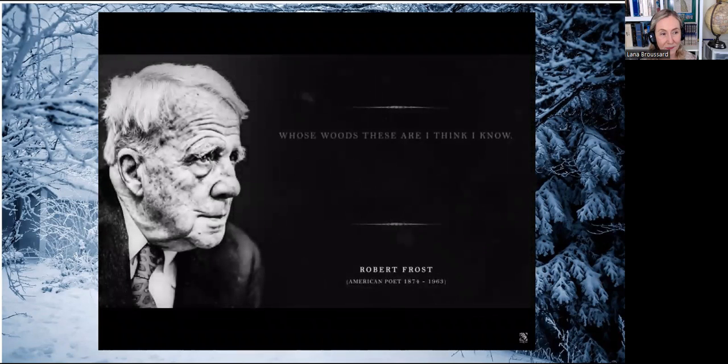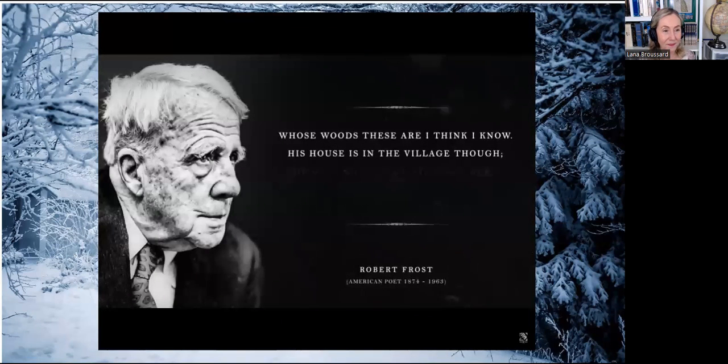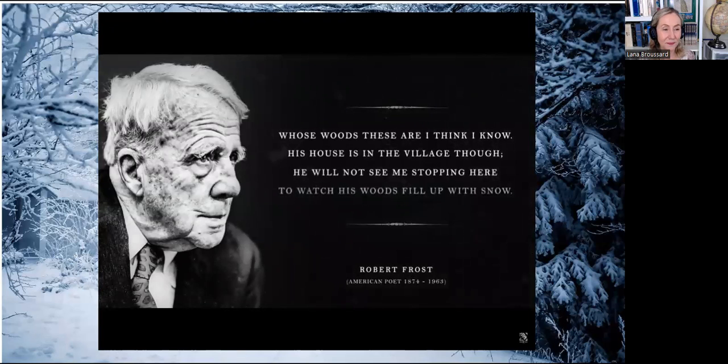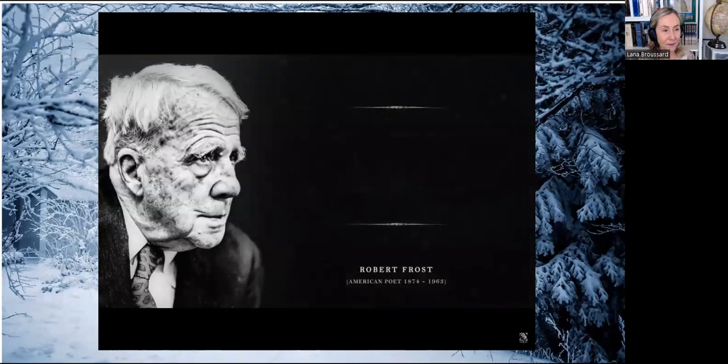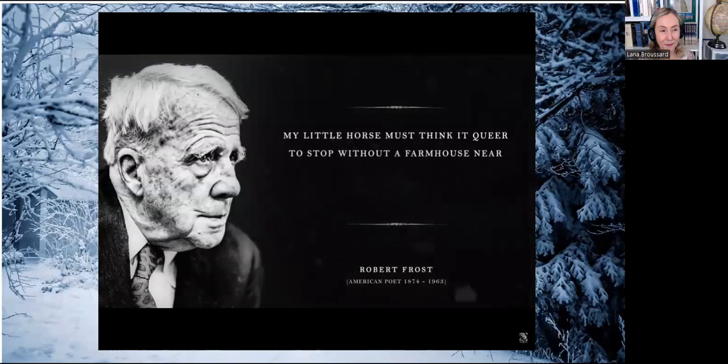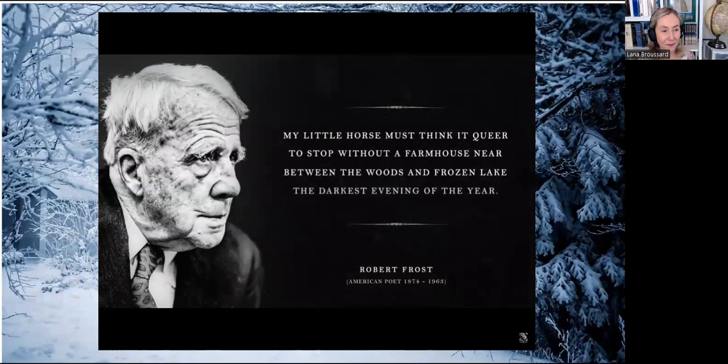Whose woods these are, I think I know. His house is in the village, though. He will not see me stopping here to watch his woods fill up with snow. My little horse must think it queer to stop without a farmhouse near. Between the woods and the frozen lake, the darkest evening of the year.